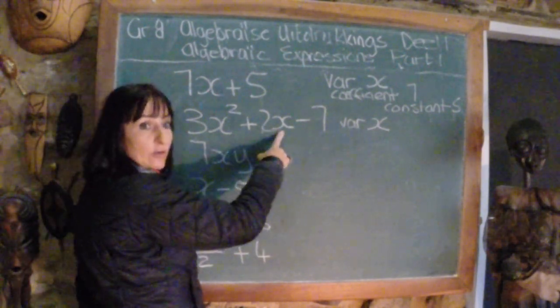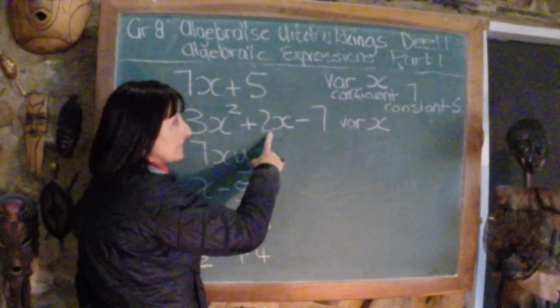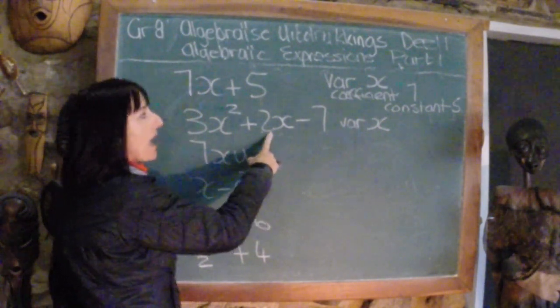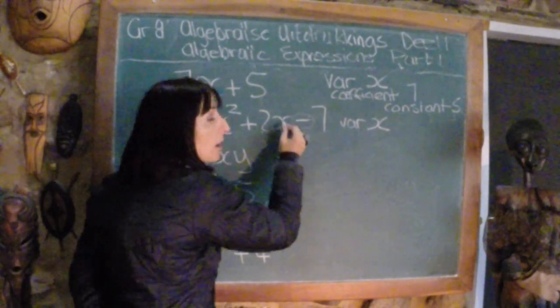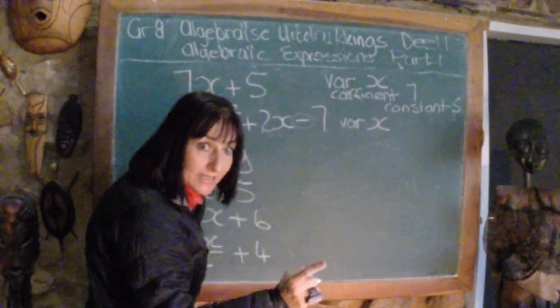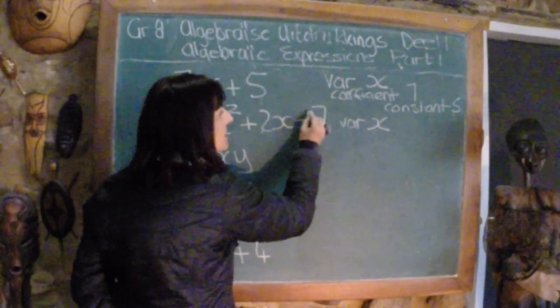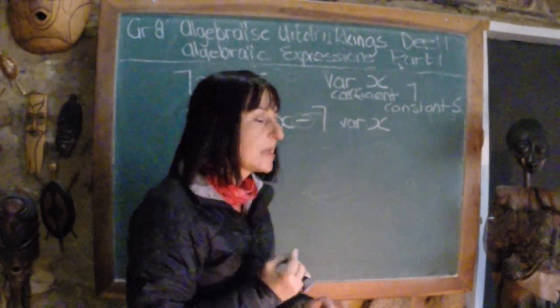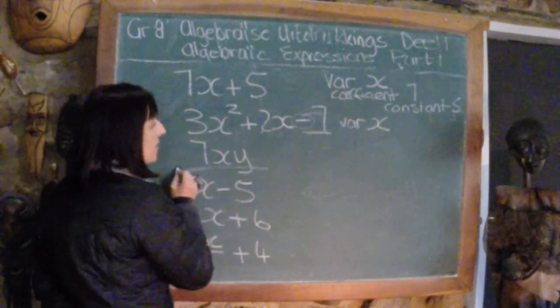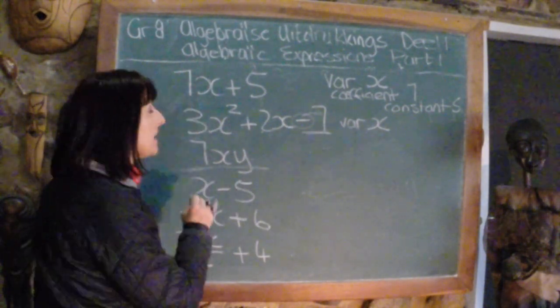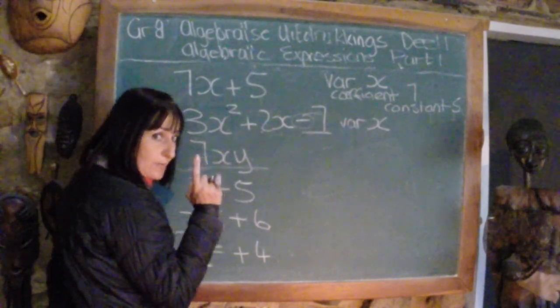What's the coefficient of x? 2. And the constant? 7. Don't forget the minus. Minus 7. Okay, because that minus 7 is attached to that 7. Moenie julle minusse vergeet voor die konstante nie. And this one is a monomial, een term, it's only one term.